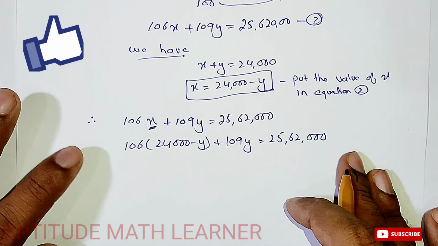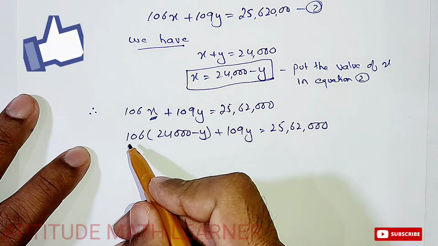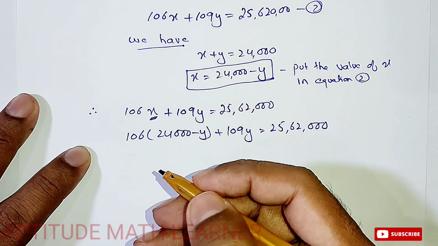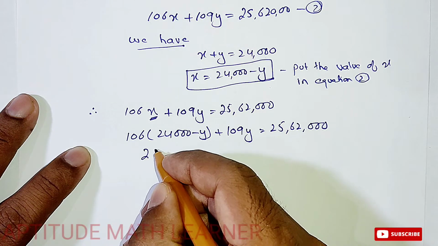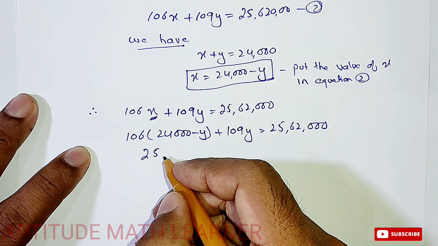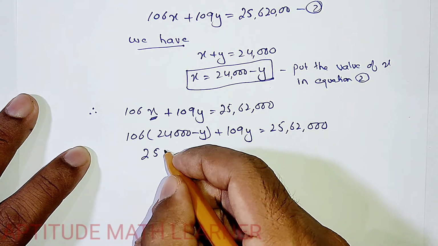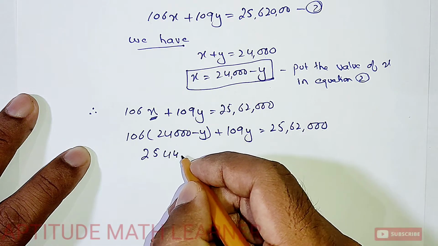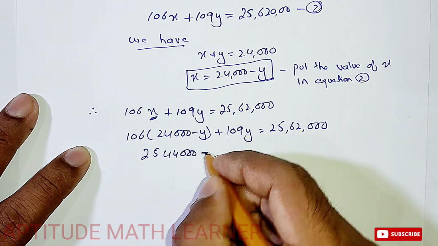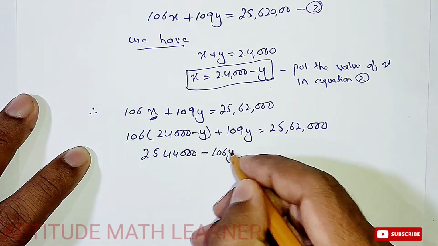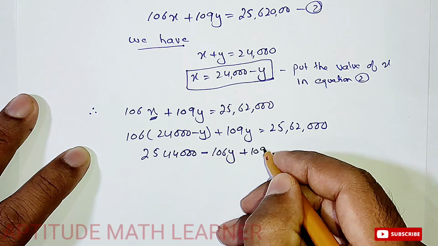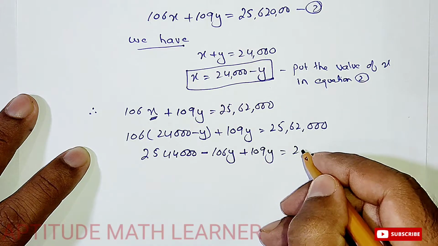Now we just have to calculate this. 106 multiplied by 24,000 gives 25 lakh 44,000, minus 106y plus 109y is equal to 25 lakh 62,000.